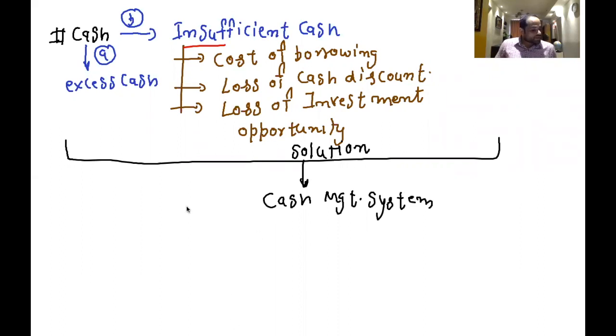So under cash management system, how can we do the things? First thing is cash budgets, preparing a cash budget, right?